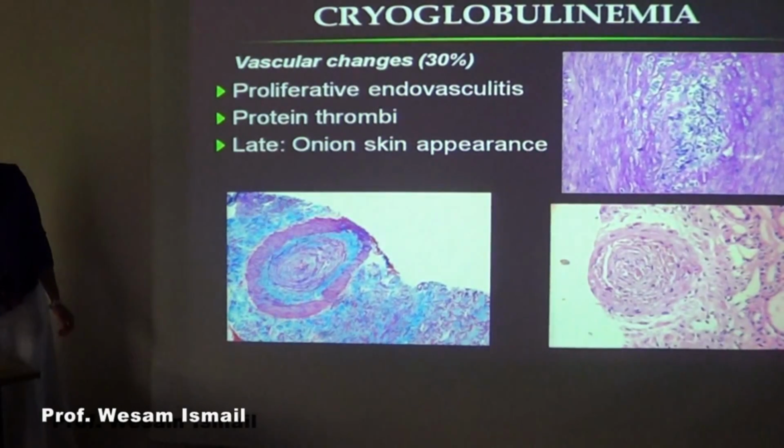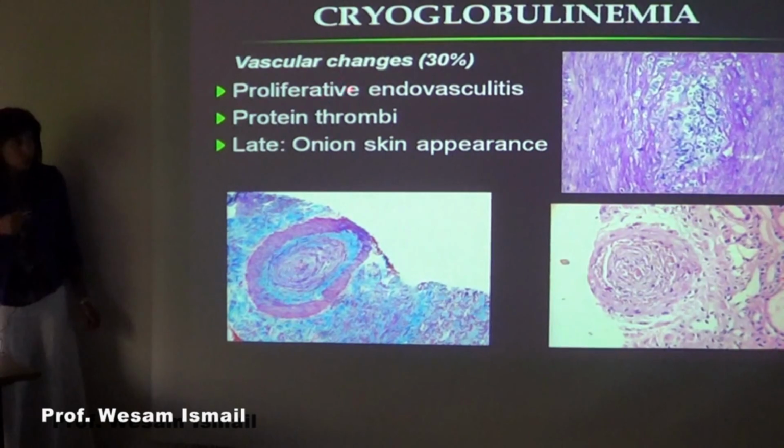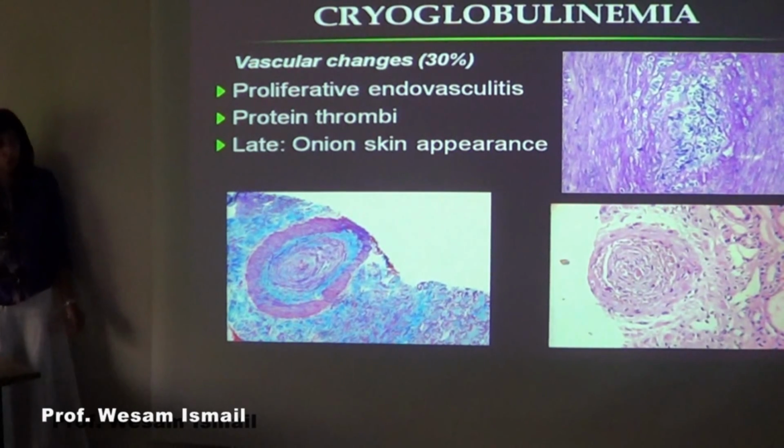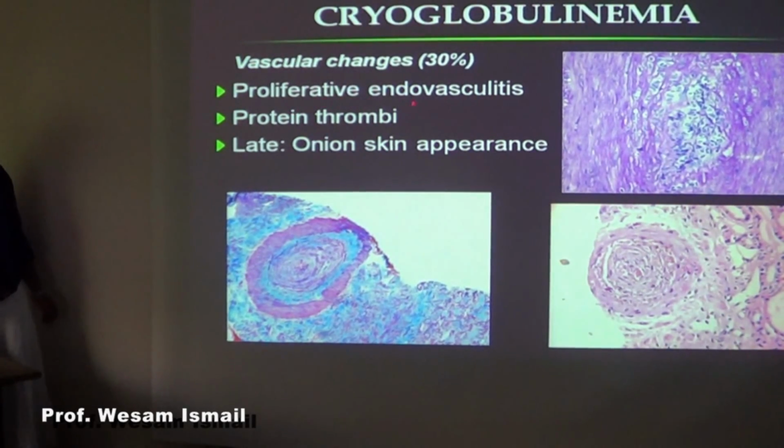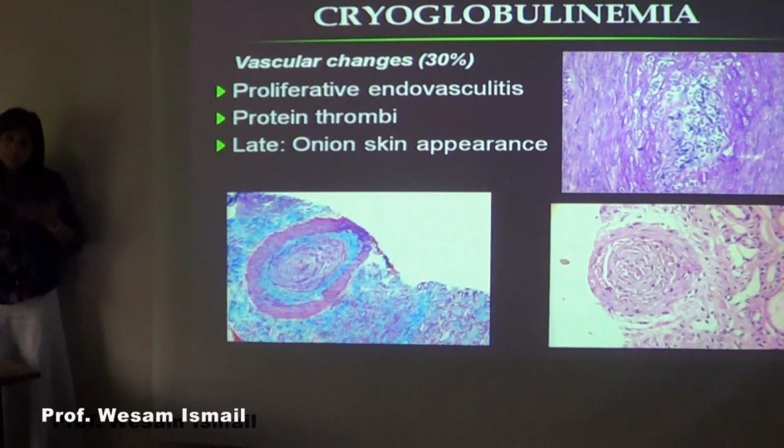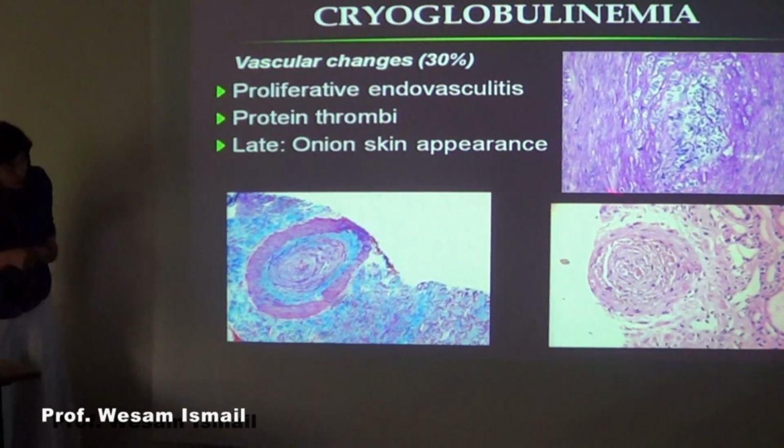Vascular changes can occur in up to 30%, and you can have all the vascular changes you want. You can get a proliferative endovasculitis. This is what we call a proliferative endovasculitis. This is a section of a medium-sized artery. This is all endothelial cells and inflammatory cells. Endothelial cells proliferated together with the lymphocytes.